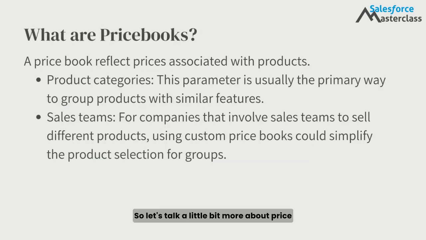So let's talk a little bit more about price books, because you can have one standard price book and not have to do anything else. But in many situations, there are great use cases for having multiple price books. A very common one is when you want to group together products that have something in common. Oftentimes, let's say that you have more than one sales division and you want to make a subset of products available for one division, but not another.